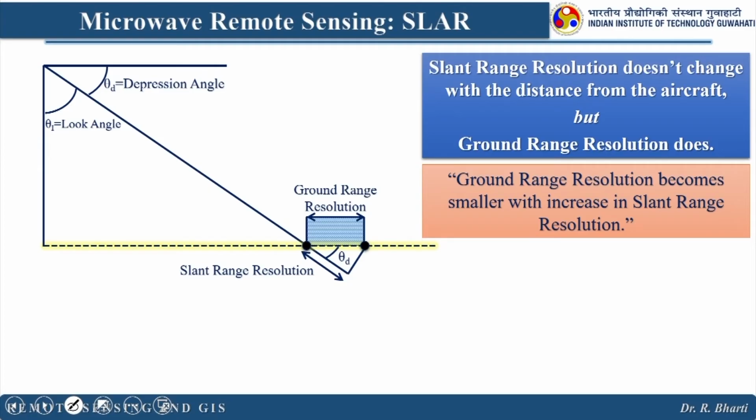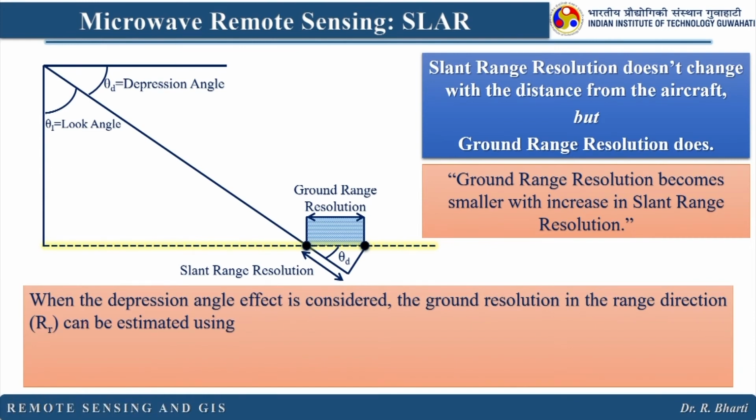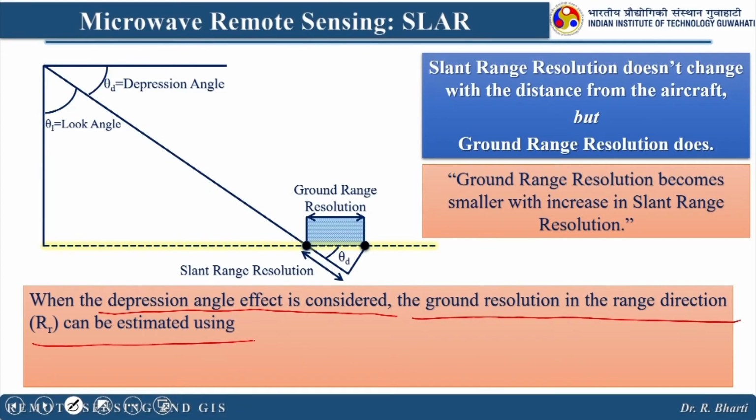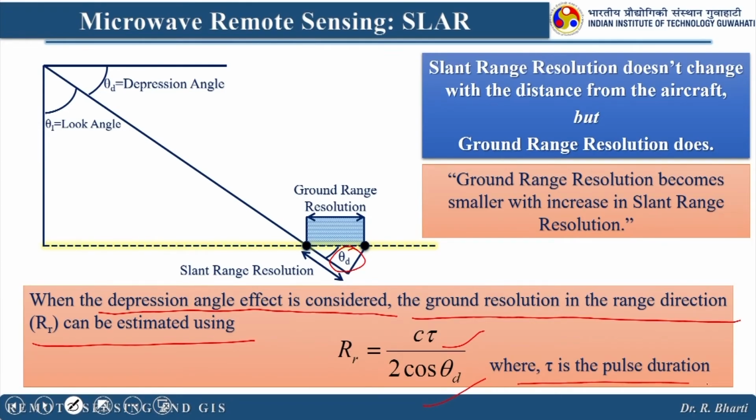Ground range resolution becomes smaller if slant range resolution increases, and when the depression angle effect is considered, the ground resolution in the range direction can be estimated using this formula: C tau by 2 cos theta d, where theta d is the depression angle here.